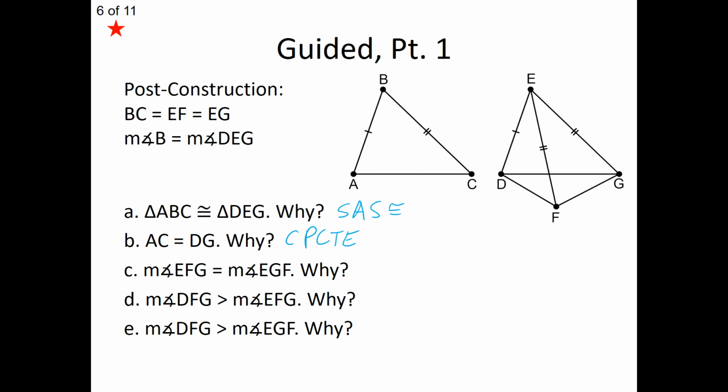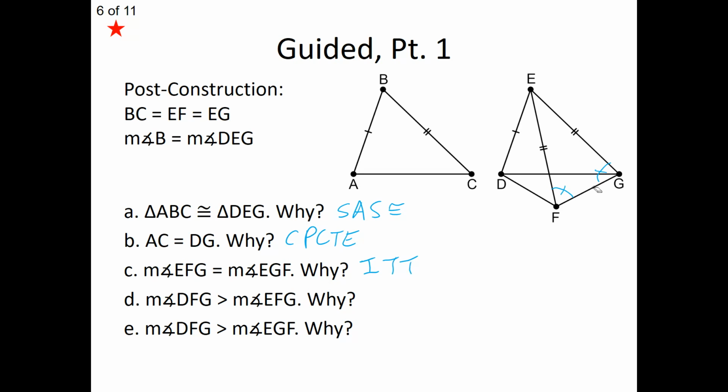So the triangle I want to focus on next is triangle EFG. Notice something special about it. By our construction, EF and EG are equal, which means we have an isosceles triangle, EFG, which means I can claim that the base angles of our isosceles triangle are in fact equal in measure, that angle EFG and angle EGF are equal. And why? That's by our good old pal ITT.